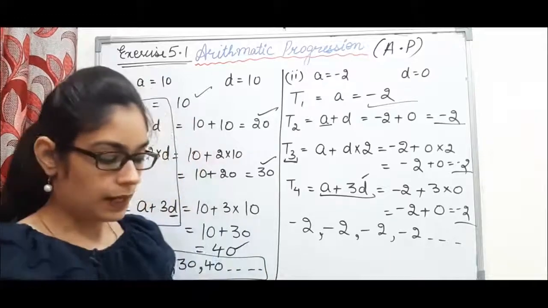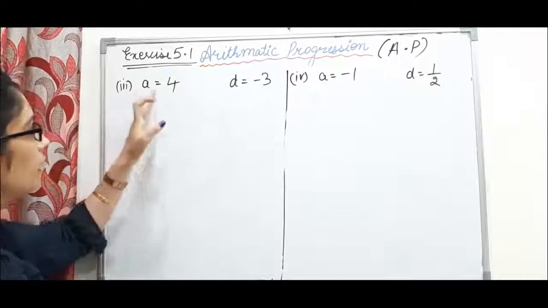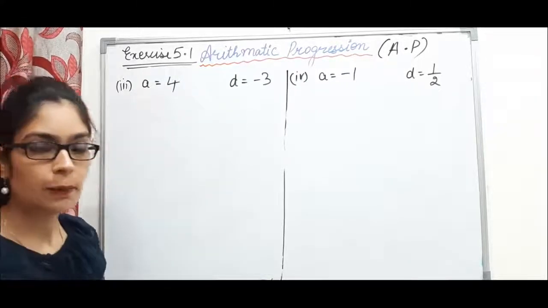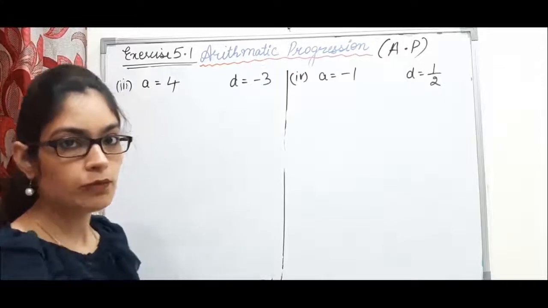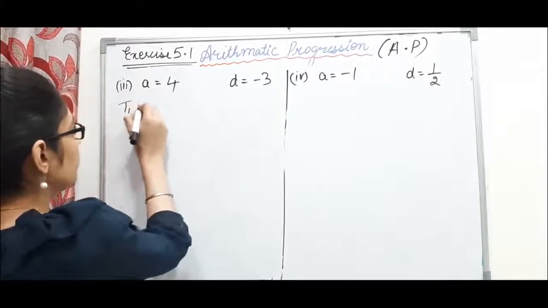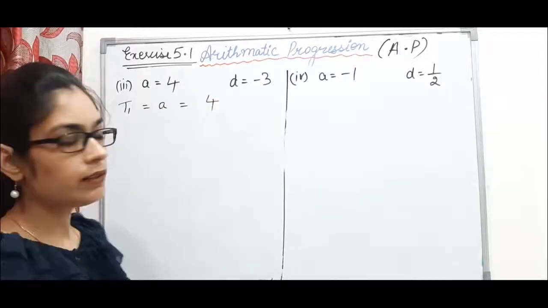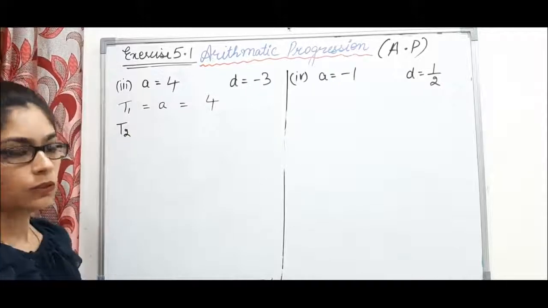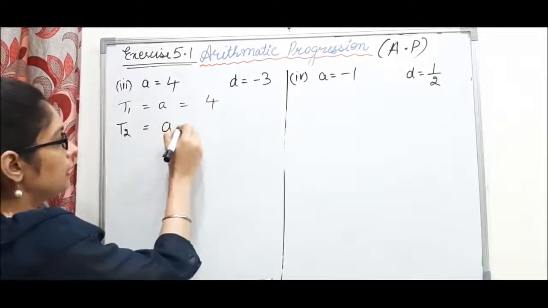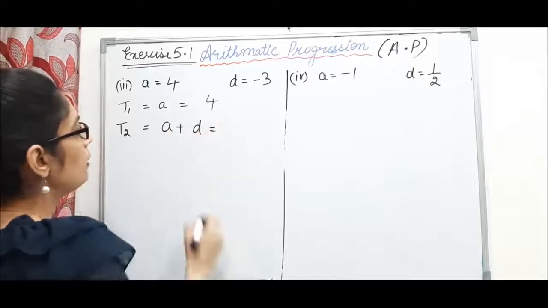Let's do the next part now. In the third part, the value of a is 4 and the value of d is minus 3. So, in the same way we have to find the first 4 terms, using the same formula. Term 1 is equal to a, which is 4. The second term is a plus 1d, and 1 we don't need to write.